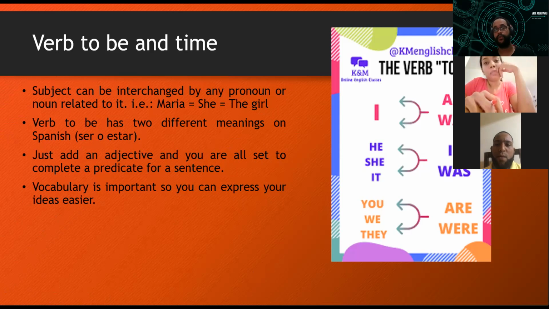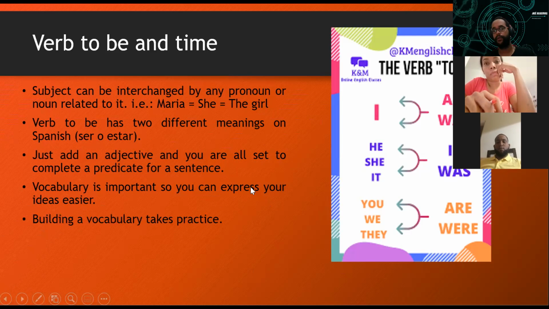And remember, when it comes to learning a new language, we need to learn how to express our ideas. Building a vocabulary takes practice. So we're gonna be practicing, we're gonna do some exercises, we're gonna do translations, we're gonna do a lot of pronunciations. And we're gonna be able to build a proper vocabulary.